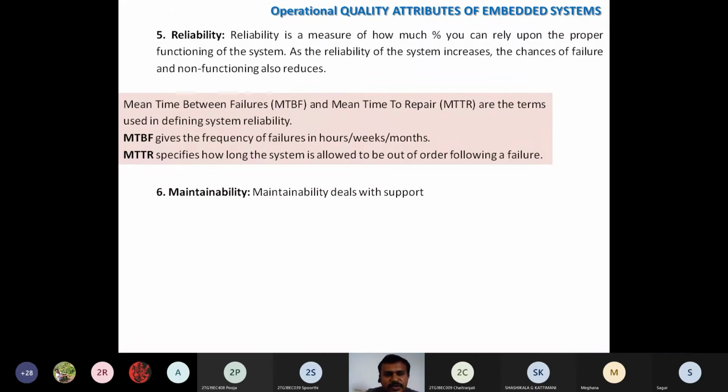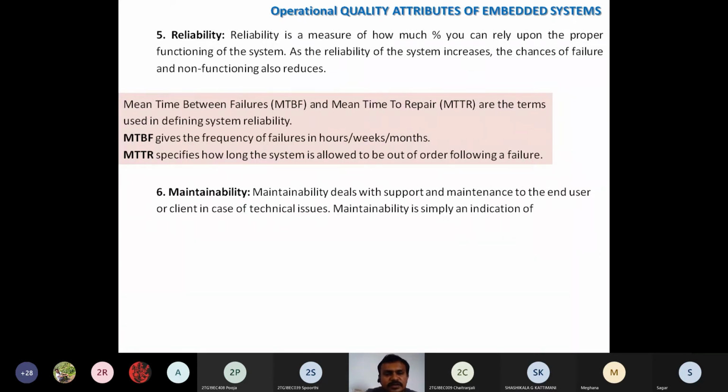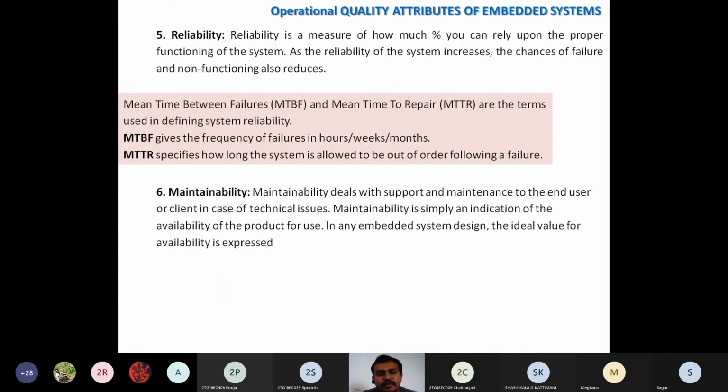Then comes maintainability. Maintainability deals with support and maintenance to the end user or client in case of technical issues. This is simply an indication of the availability of the product for use.